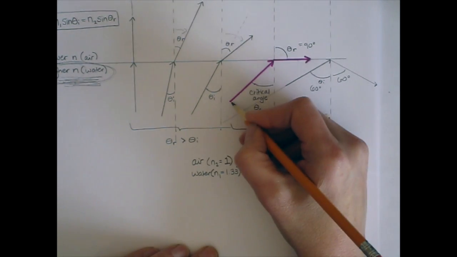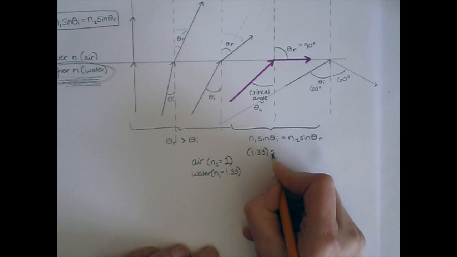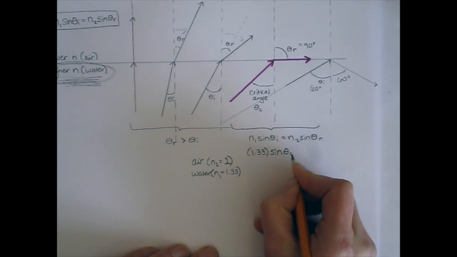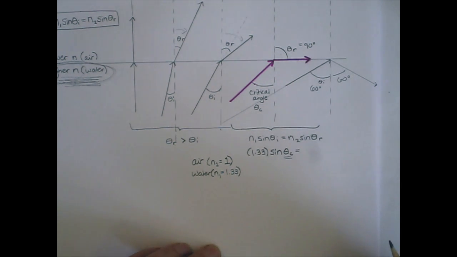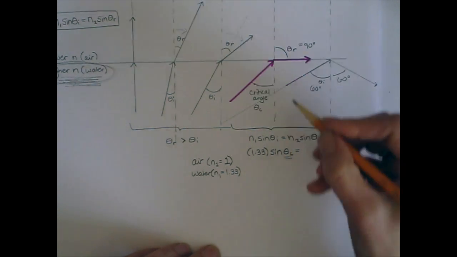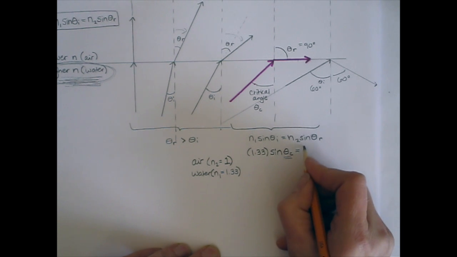So here's how we can find the critical angle. The light is coming in the water, so N1 is for the water. And we're looking for the incident angle that is the critical angle, a special incident angle. N2 is the index of refraction for the second medium that the light would be getting to, which is air, so that is 1.